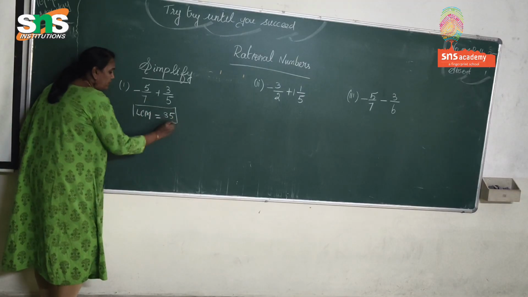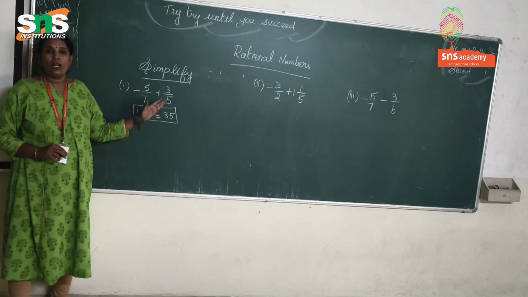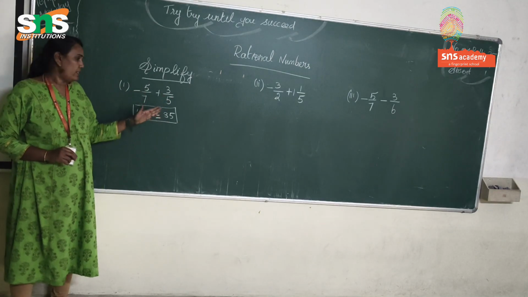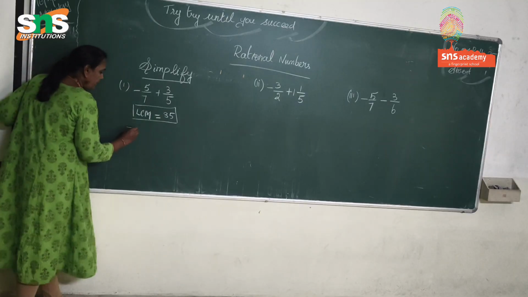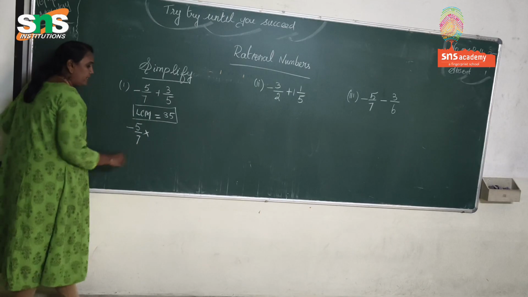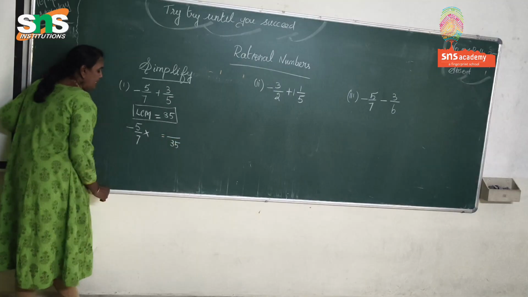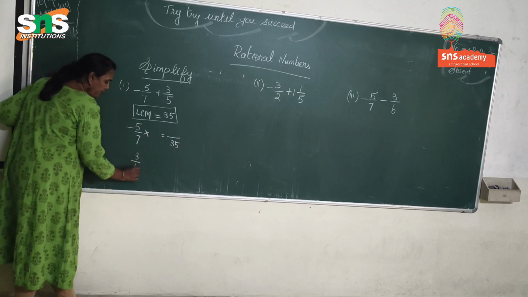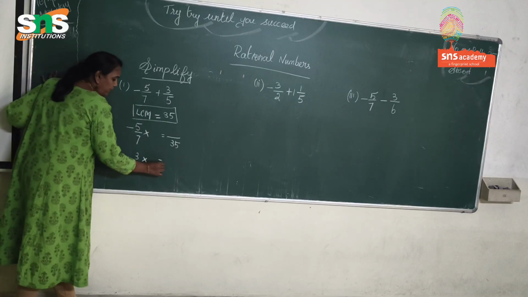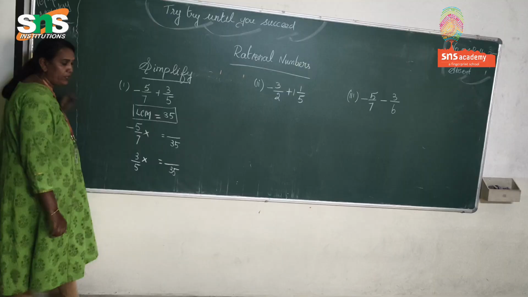Now we are going to convert each rational number into an equivalent rational number with the denominator 35. So the first rational number, minus 5 by 7, should be converted to the denominator 35, and the second number, 3 by 5, should be converted to the equivalent rational number with the denominator 35.